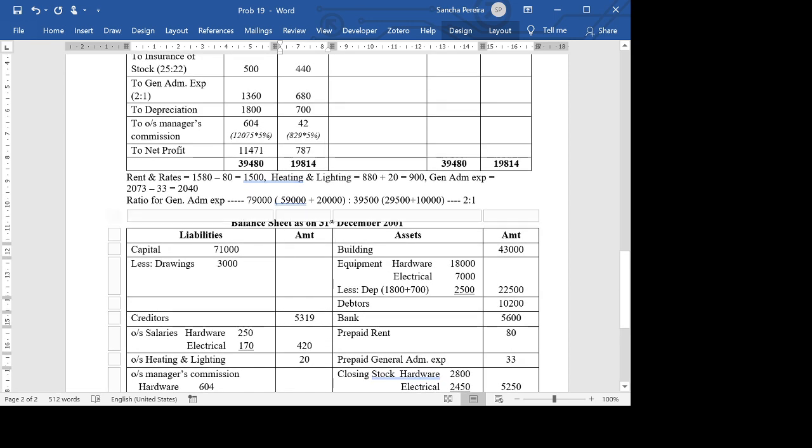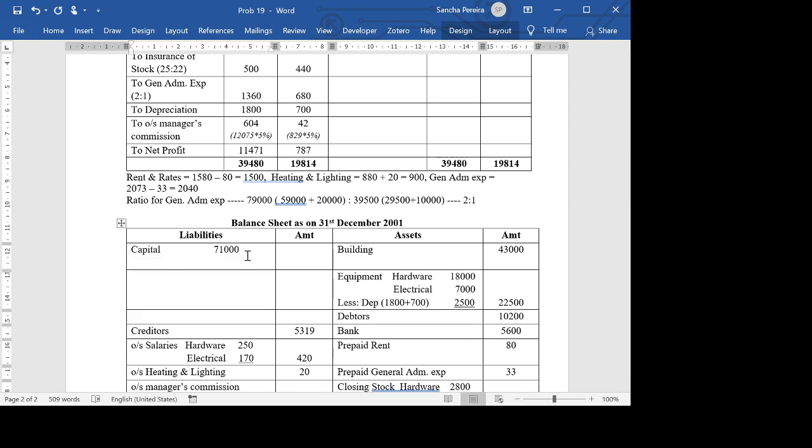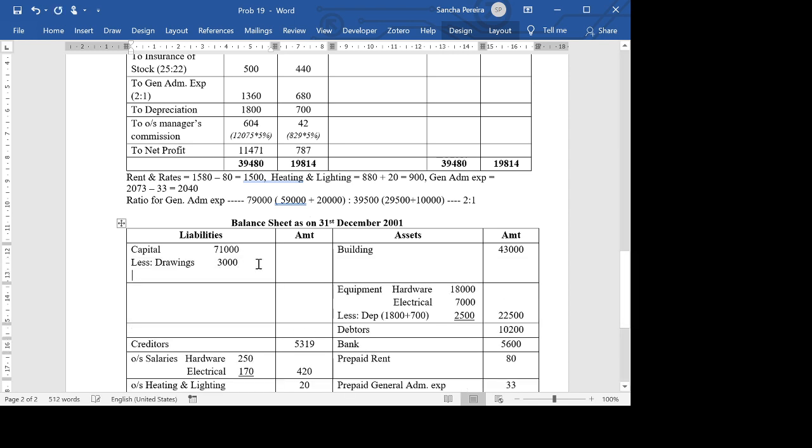Similarly, we also need to transfer this net profit here. Since this is one calculation, prefer to do it here itself. Less drawings, add net profit.